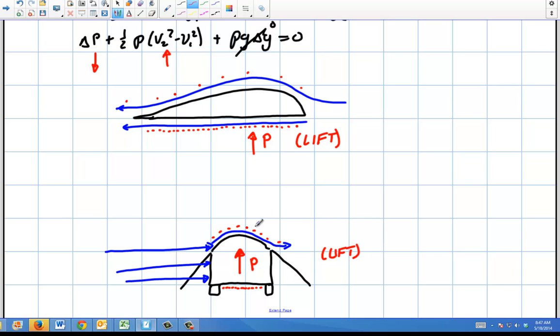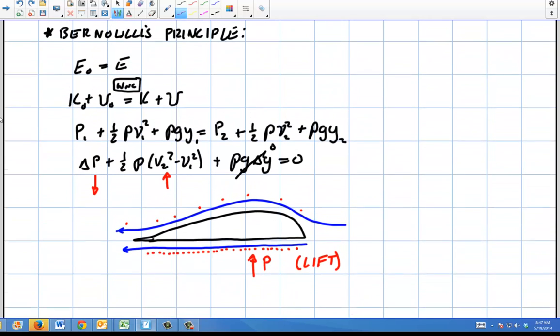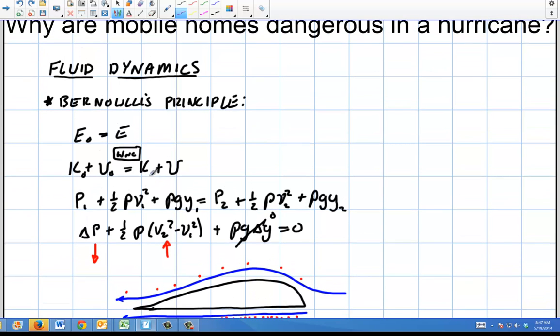That's going to cause the home to not only be pushed from the side, but to want to go this way in terms of the net force, and it's going to cause that home to topple over much easier than it would if it didn't have that pressure differential. So it's the same concept that makes lift on an airplane wing, and that's going back to Bernoulli's equation, which is really just another form of energy conservation.